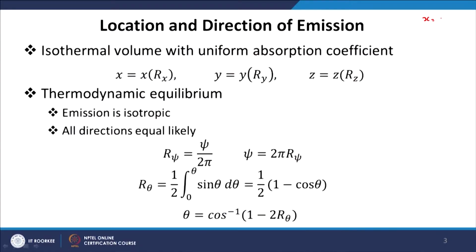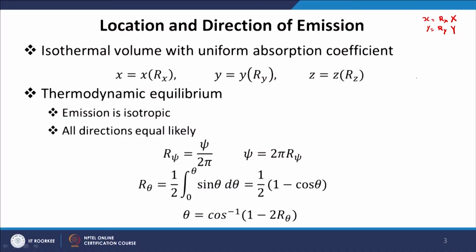However, for isothermal isotropic surfaces, the relationship can easily be inverted, and we were able to calculate x as simply a random number times the dimension in the x direction and y as a random number times the total length in the y direction. Now, the same thing is true for point of emission in a volume zone or a 3-dimensional medium.